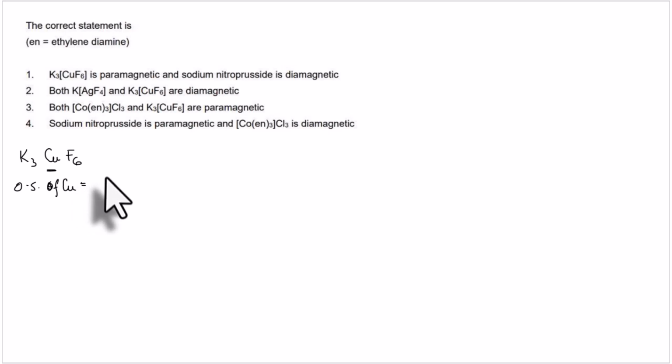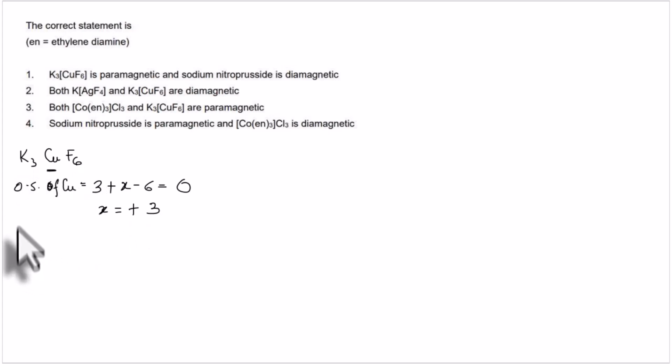Potassium is plus 1, so 3 into plus 1 is plus 3. Copper is X and fluoro is minus 1. 6 fluoro atoms, so minus 6, and the total charge on the complex is 0. So X comes out to be plus 3. So the oxidation state of copper in this complex is plus 3.